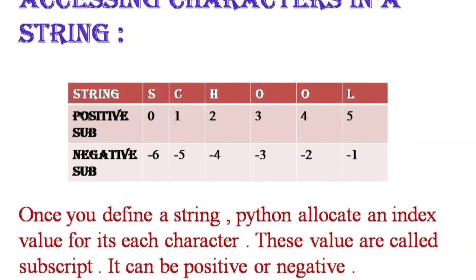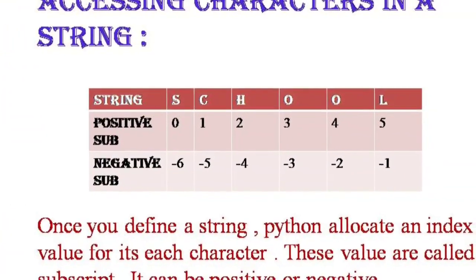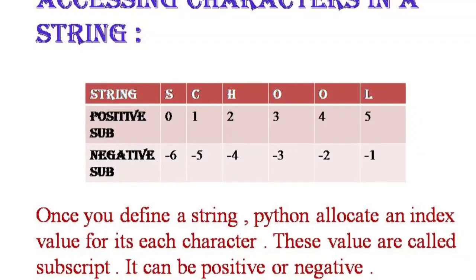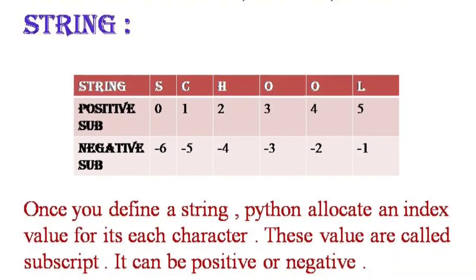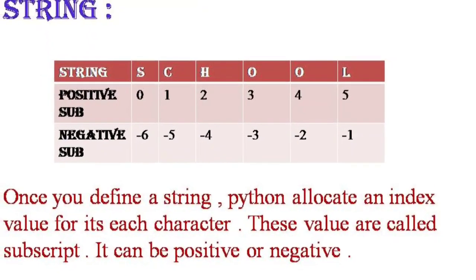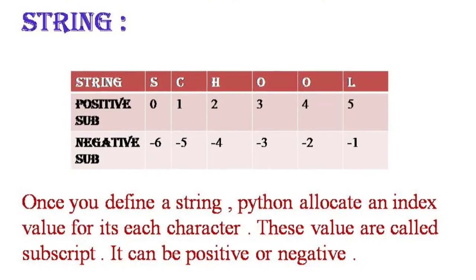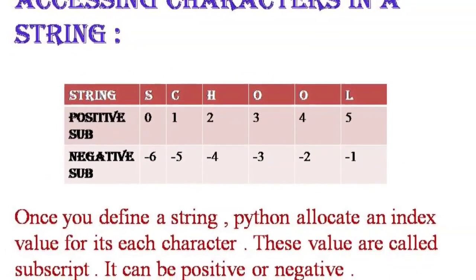Here in this box, each character of the word school is given, and the positive and negative index for the string school is given below. Positive subscript always starts with 0. Minus value or the negative subscript.